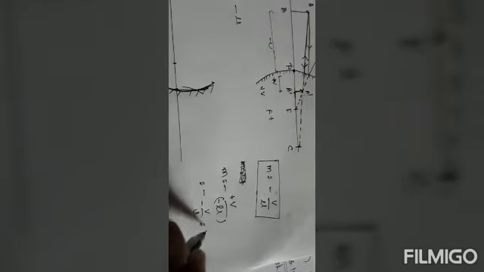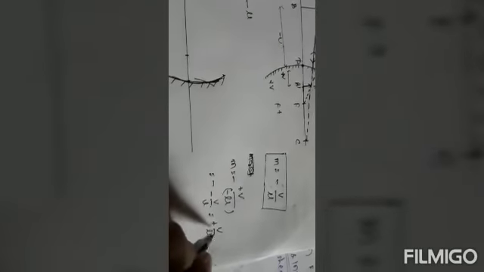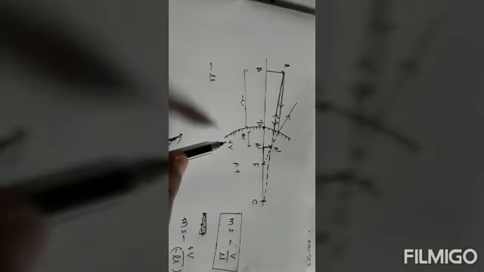So minus v by u equals plus v by u. So magnification is positive. When magnification is positive, that means we are using a convex mirror and we get a virtual and erect image.